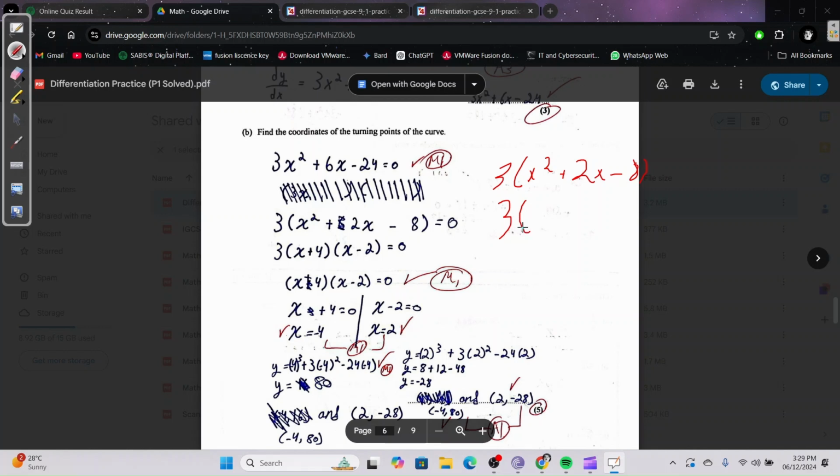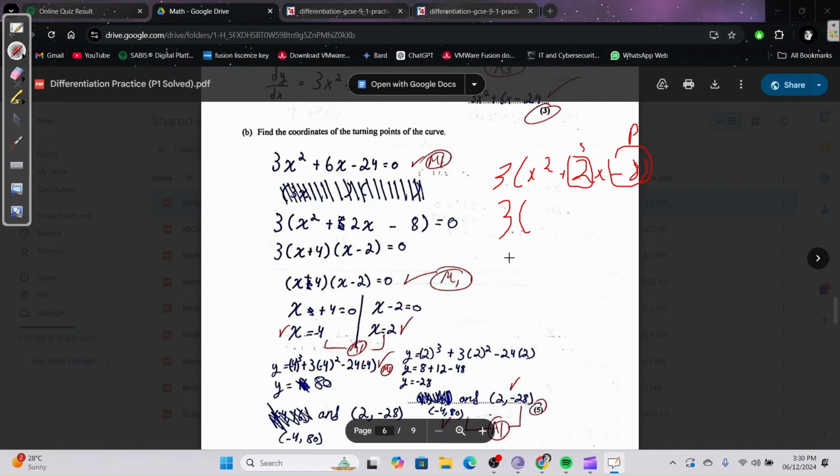We're going to use the product and sum method. Here is our sum and here is our product. What two numbers when you add together give you 2 and multiply together give you negative 8?